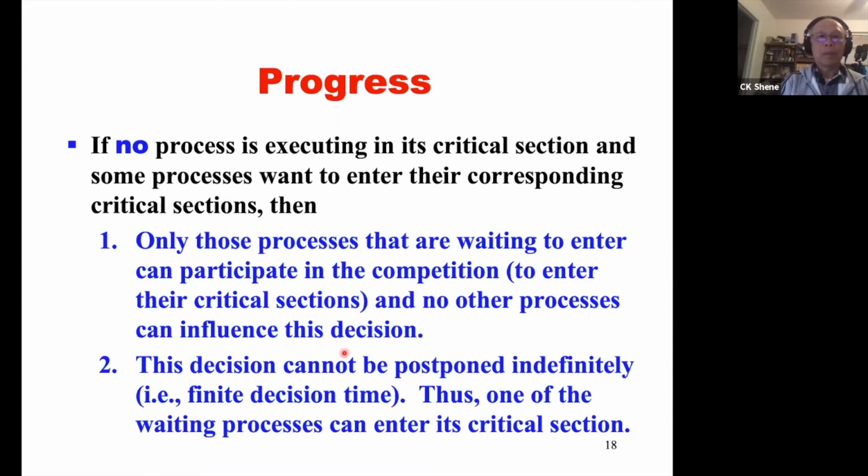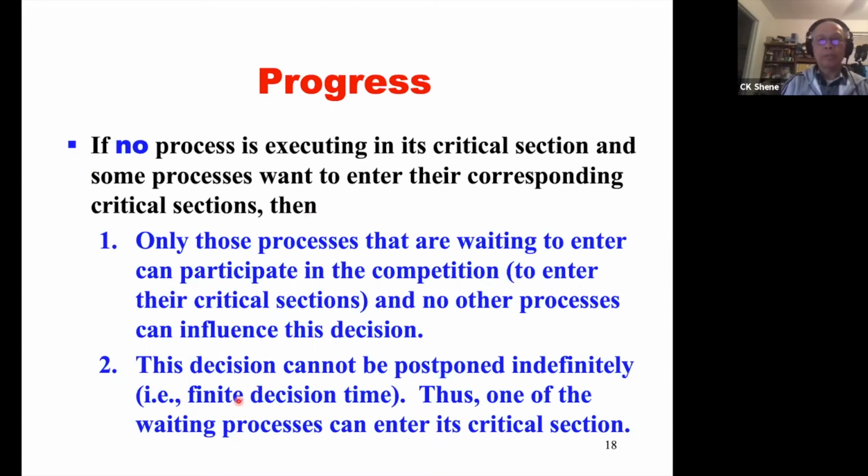Okay, this is the precondition. No one is in the critical section, but several processes are waiting to enter. Based on what we said about mutual exclusion, the protocol must be able to select one and only one to enter, right?